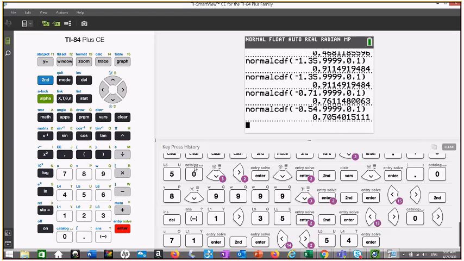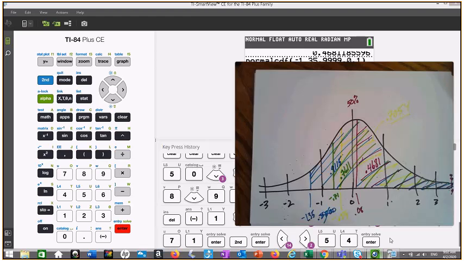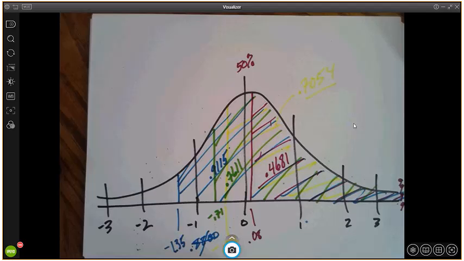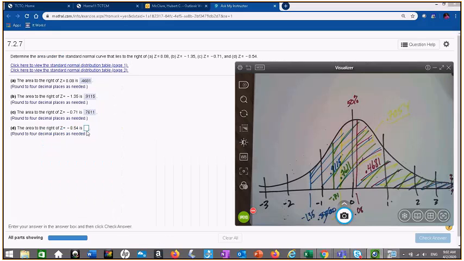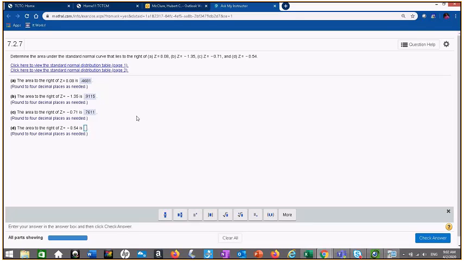And that's going to be 0.7054. That's why it's so important to draw a picture. I know people don't do it.